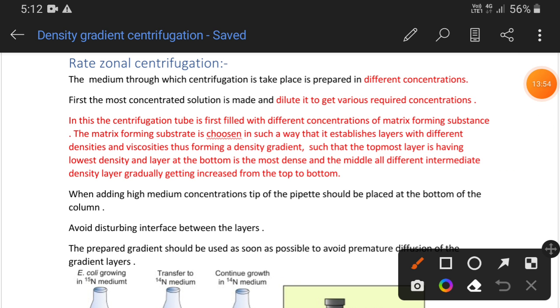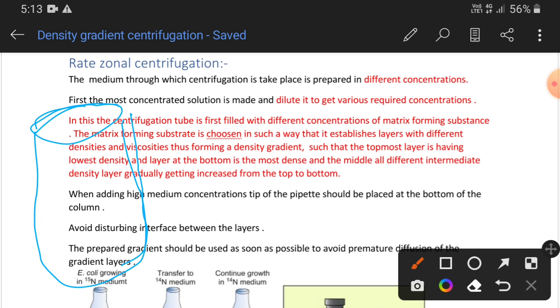So now I want to mention that the matrix forming substrates we choose for producing the gradient in the column will produce the gradient before centrifugation in case of rate zonal centrifugation.